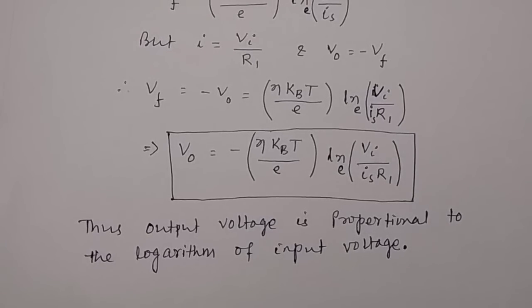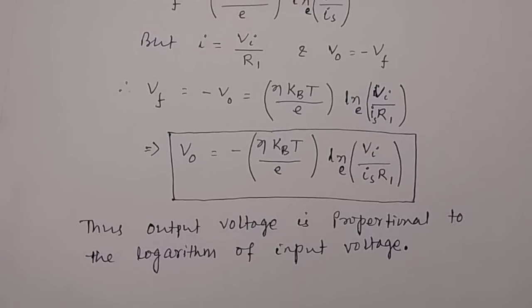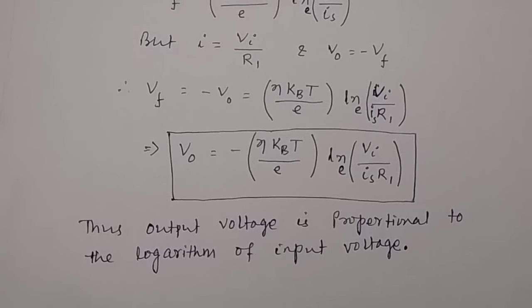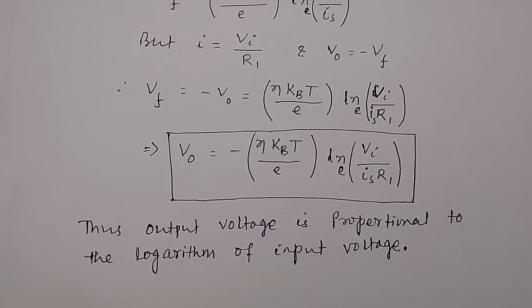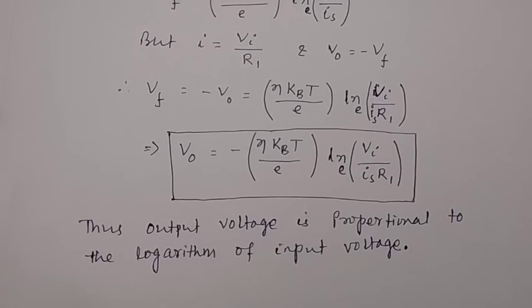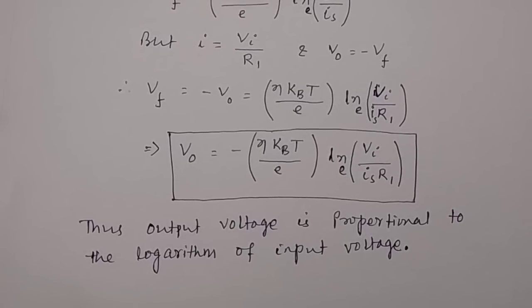So in the examination, the question will come like this: what is a logarithmic amplifier or log amplifier, and discuss how an operational amplifier can be used as a logarithmic amplifier, or with a basic circuit diagram discuss how an operational amplifier acts as a log amplifier.